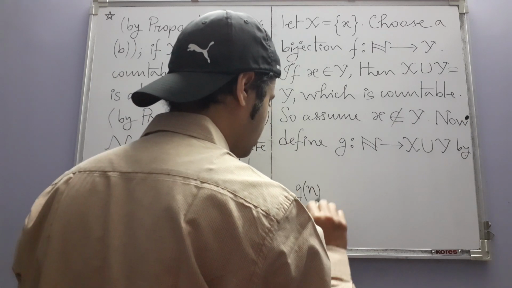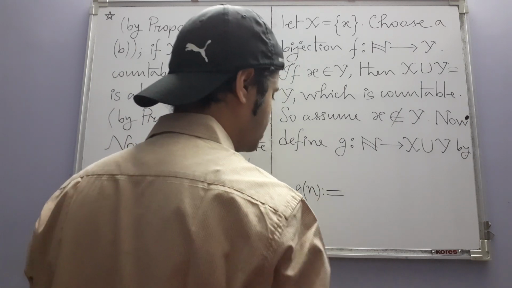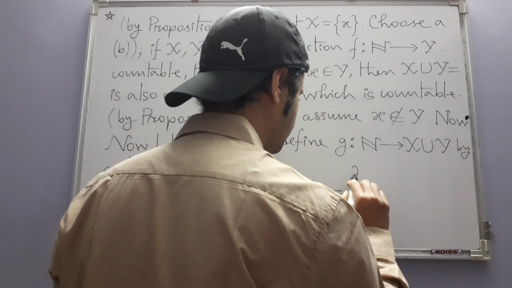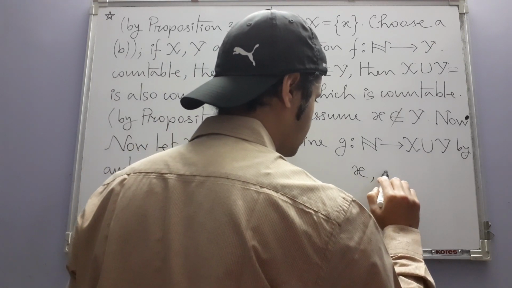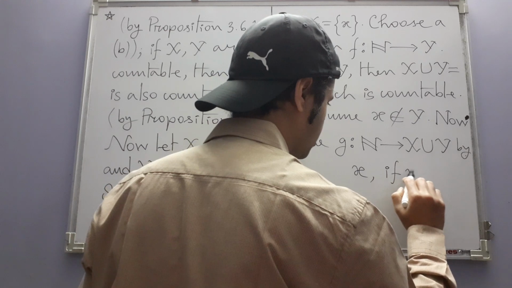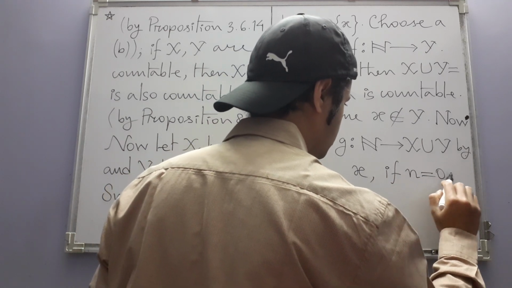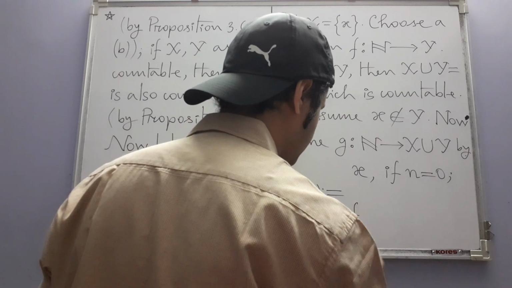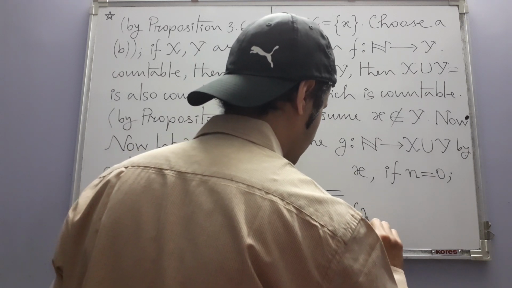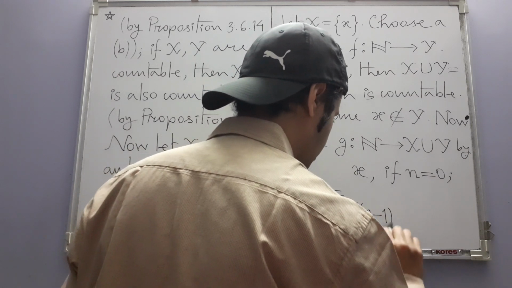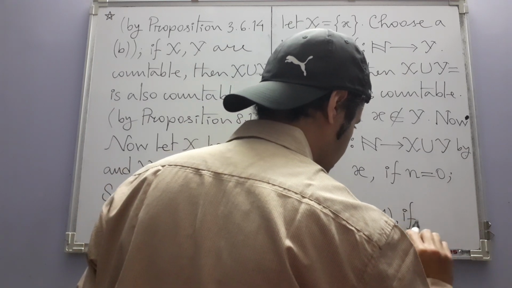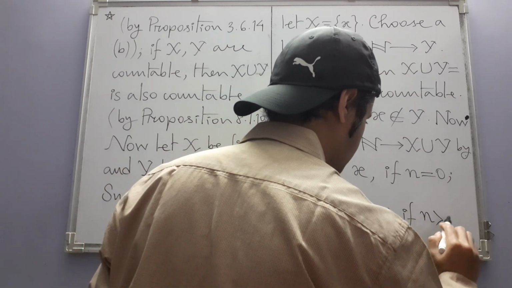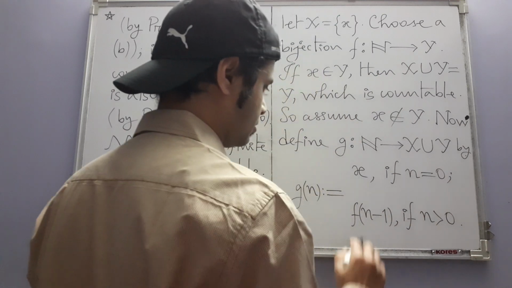G of n is defined to be equal to x if n is 0, and G of n is defined to be equal to f of n minus 1 if n is a positive natural number.